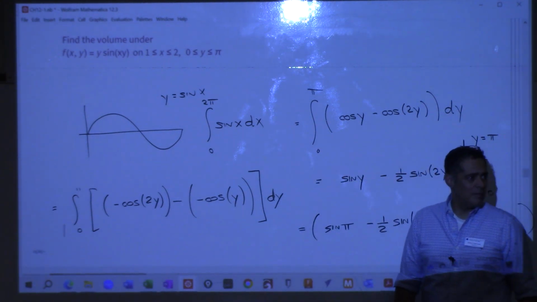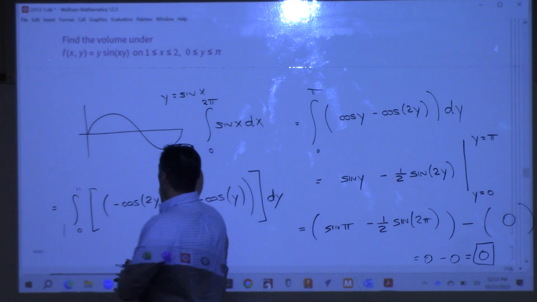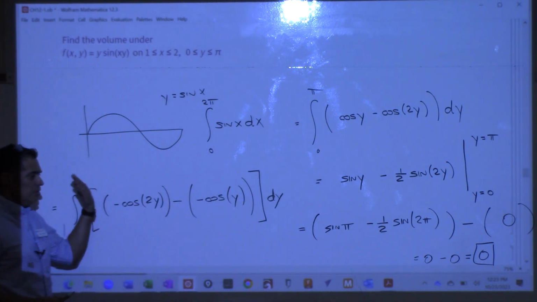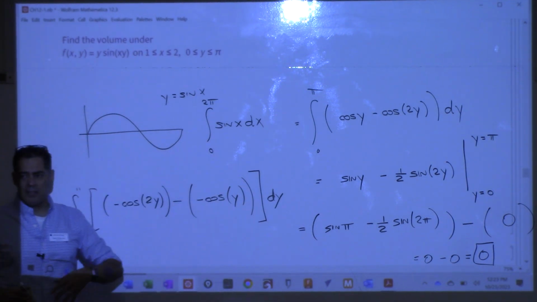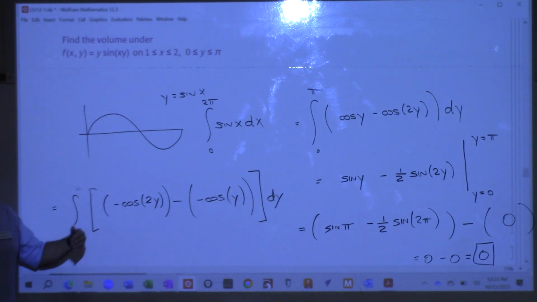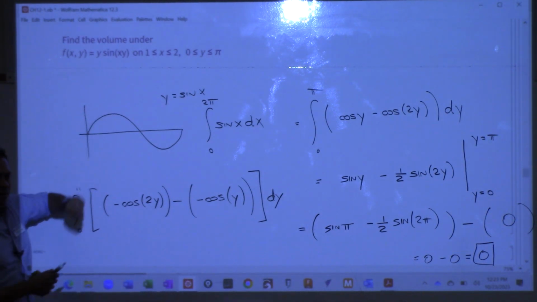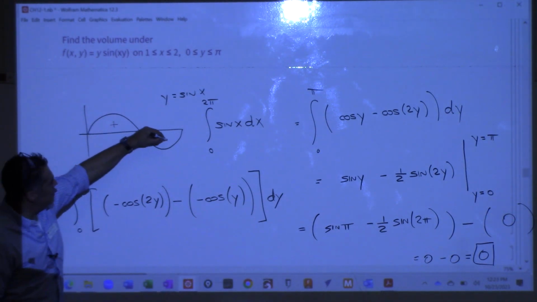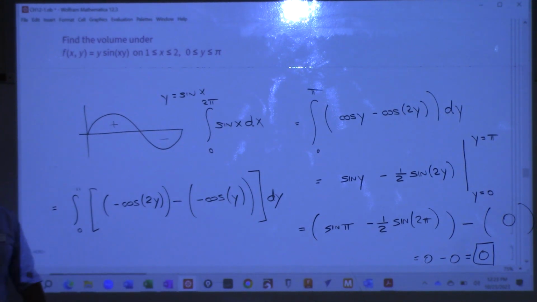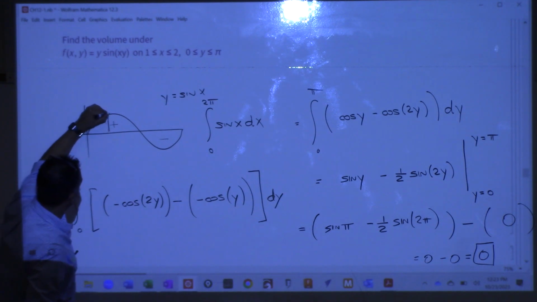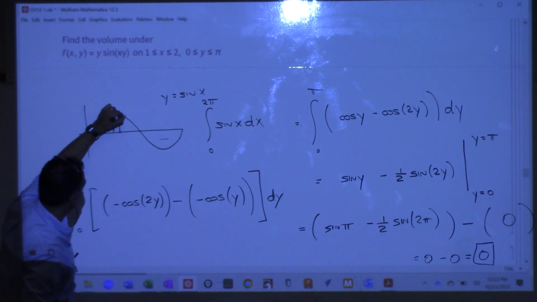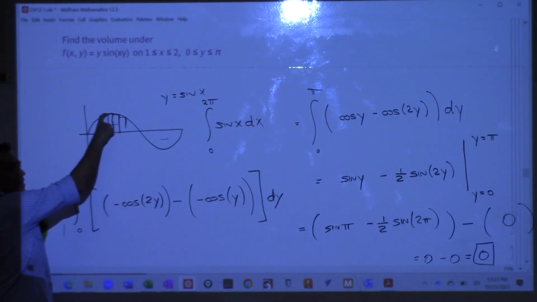So back in Cal 2, when you do the integral like this, it's taking the net area. It counts anything above the x-axis as positive, and anything below as negative. Why? Because areas are always positive. Remember these rectangles when we were doing those sums, the height of the rectangle is what?